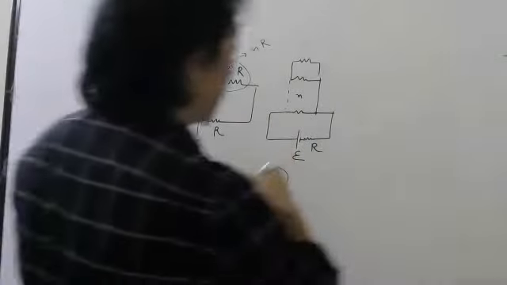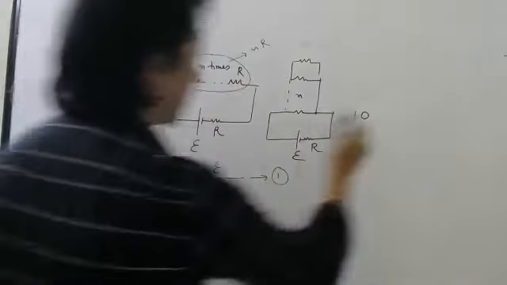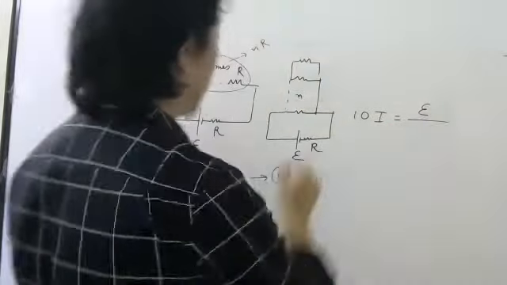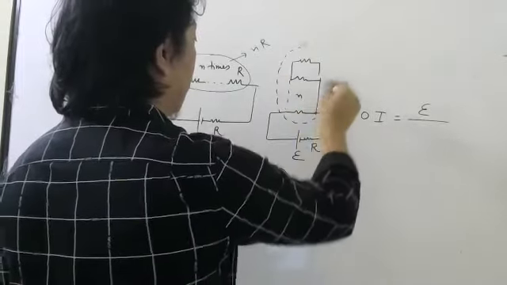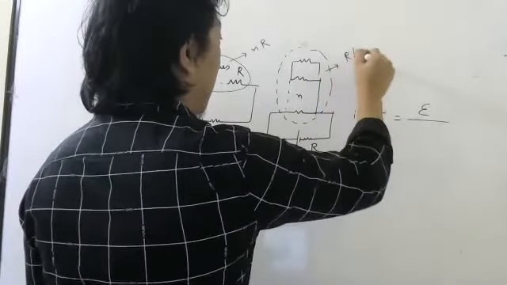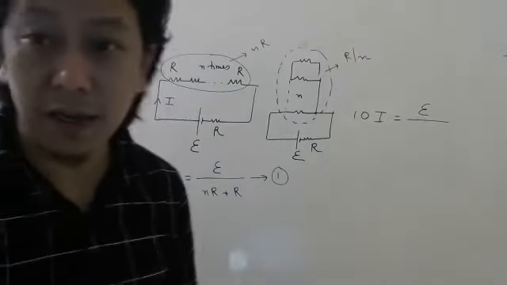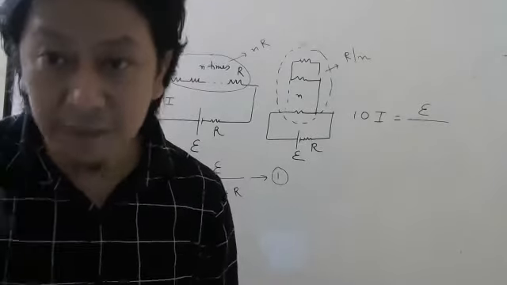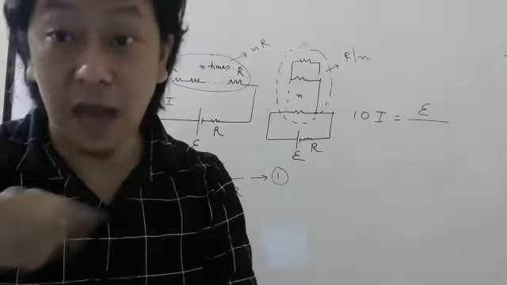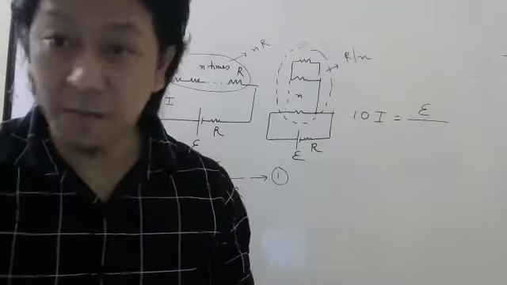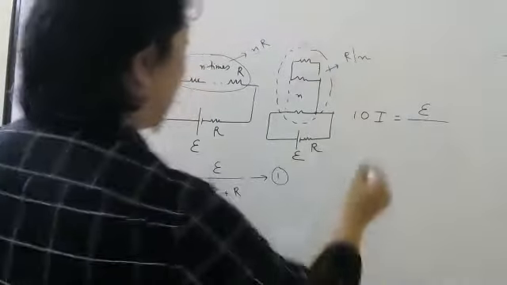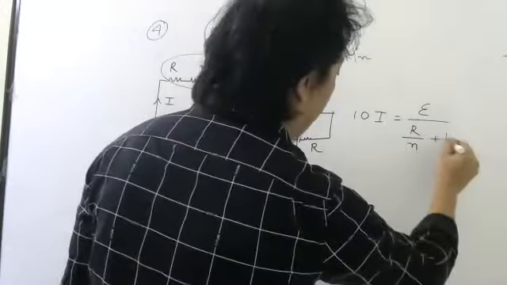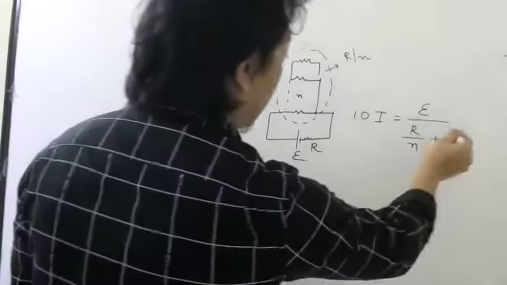So here the current is, they are saying, 10 times this current. And that will be how much? Here what is the EMF? E. What is the total resistance? Resistance of this much will be R by N. Why R by N? 1 by R plus 1 by R plus 1 by R, N times, that will be N by R. Then you have to invert. 1 by R equivalent will be N by R, so inverted will be R by N. So R by N in series with this capital R, so plus R. This is your external resistance and this is your internal resistance.